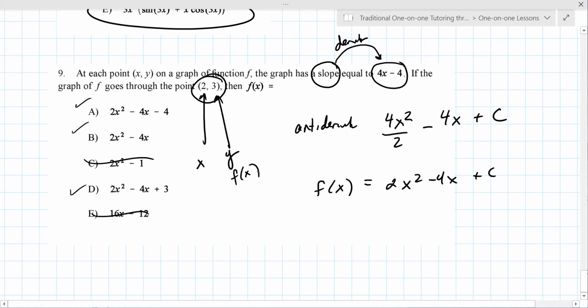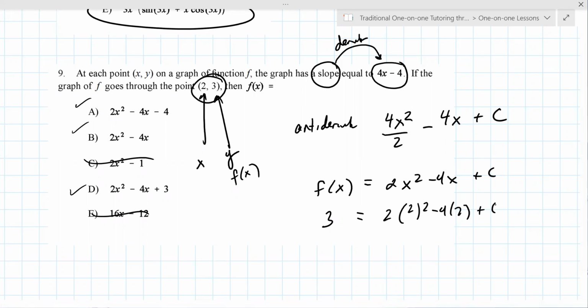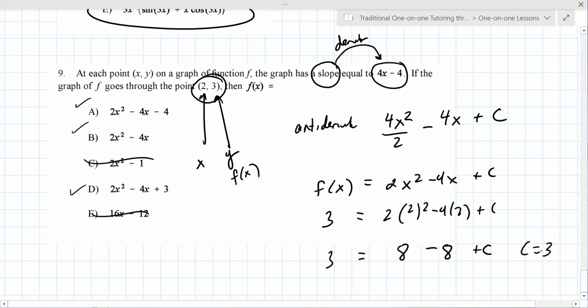Do you just plug it in? 3 equals 2 times 2 squared minus 4 times 2 plus c, but you gotta solve for c. So 3 equals 8 minus 8 plus c, so c is 3. So it's D.